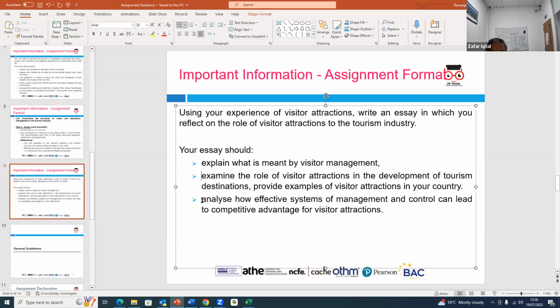Okay. And then the third one is analyze how an effective system of management and control can lead to competitive advantage. So you are looking at whether this management and control is effective to have a good competitive advantage. Do the systems and the protocols and procedures work?